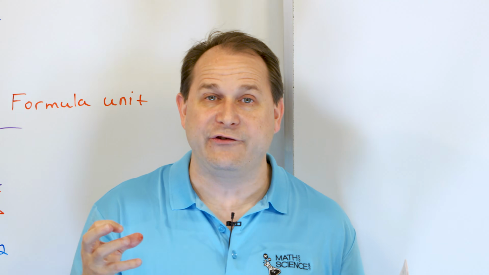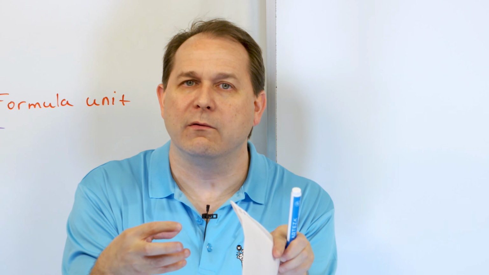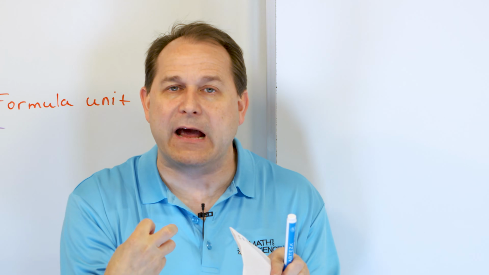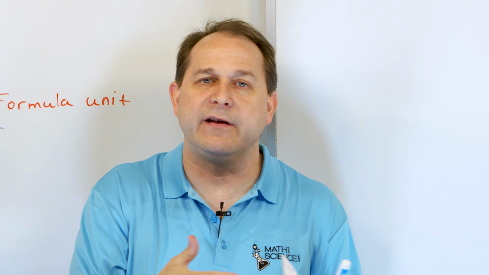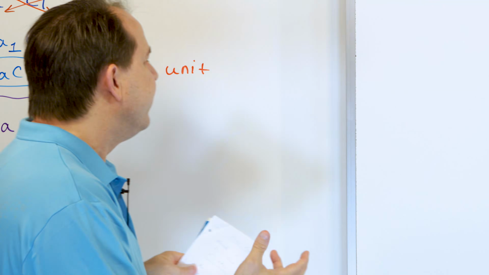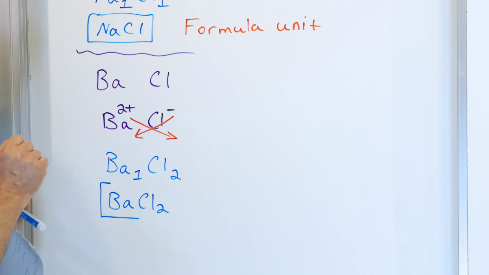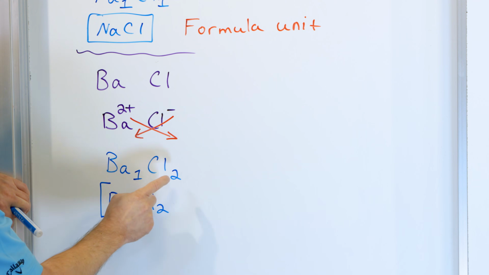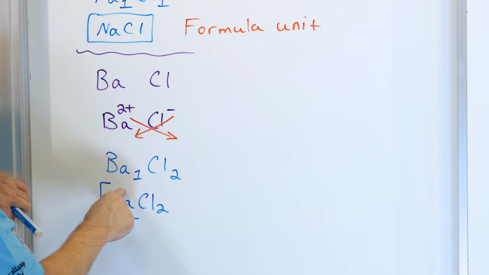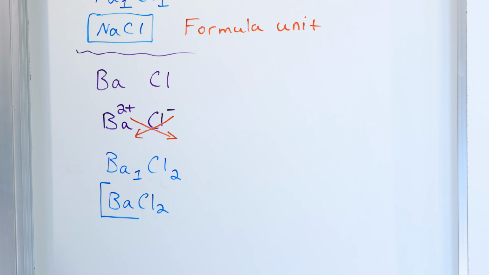If I ever had that situation where they bonded 1:1, then it would have an overall charge, and it would just attract something else to try to neutralize the charge, and it would keep attracting stuff until there was no more net charge. So what happens is it really bonds in the ratio of 1 barium to 2 chlorines. 1 barium has a +2 charge, each chlorine has a -1 charge, so overall you have a +2 and a -2. This is a neutral formula unit, right?